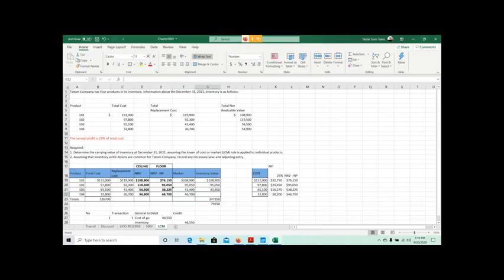So the lowest amount that I can go is the cost. Okay, so I'm going to highlight that. So once again, replacement cost was lower than the original cost. Replacement cost is lower than the floor, so I'm limited to the floor. But because the floor is higher than cost, then the lowest amount I can report is the cost.